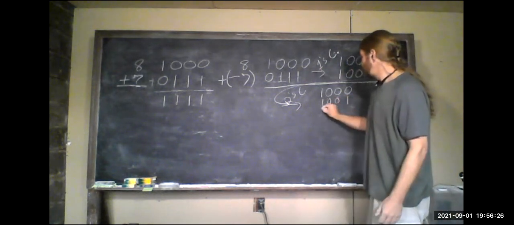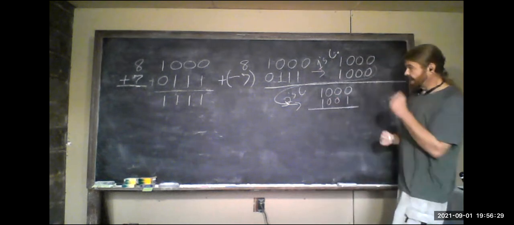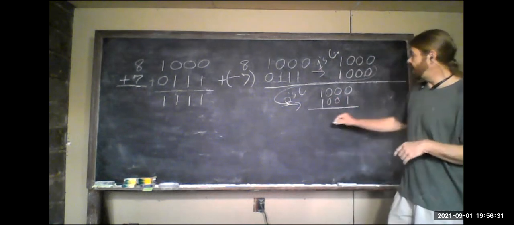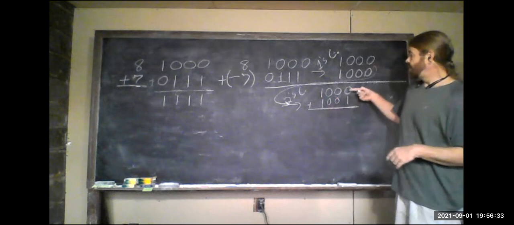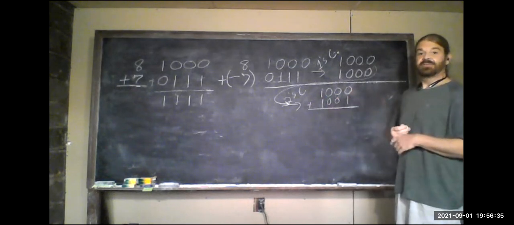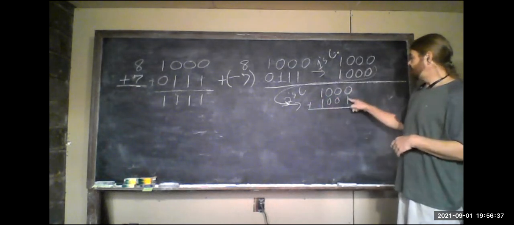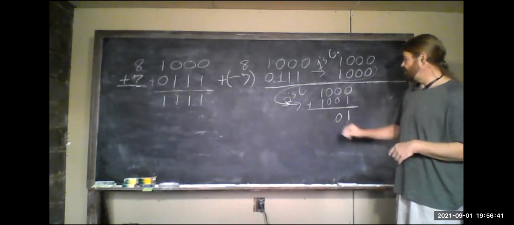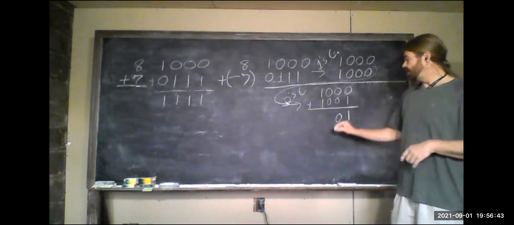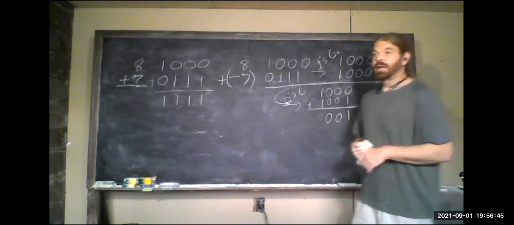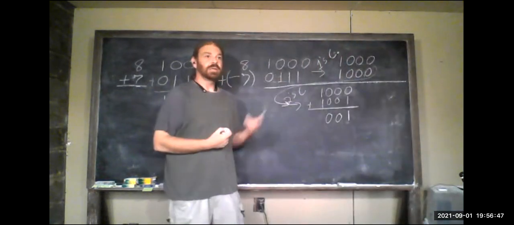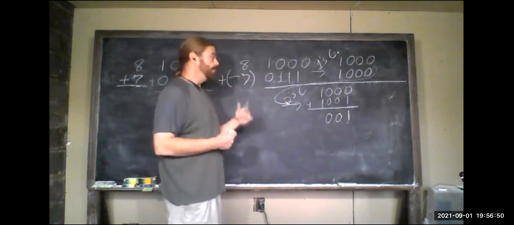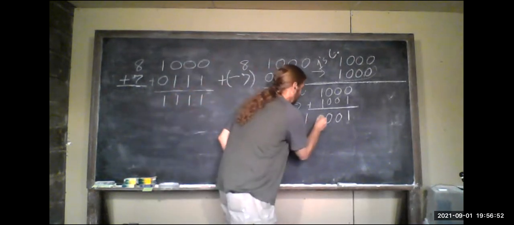So now we can add those together: an 8 plus a negative 7. 0 plus 1 gives us 1. 0 plus 0 gives us 0. 0 plus 0 gives us 0. And 1 plus 1, again, is 2, which in binary is 1, 0.